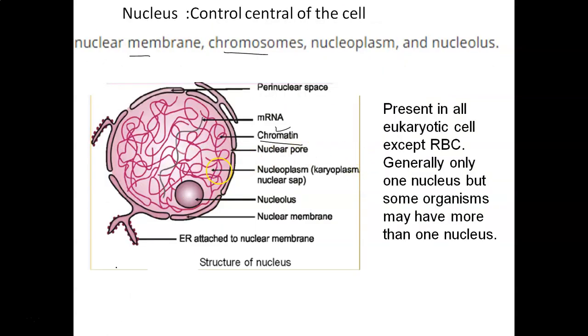The nucleoplasm is also known as karyoplasm. This nucleoplasm contains one important structure which is known as the nucleolus. Besides the nucleolus, it has the chromatin material we have already studied. It has different types of proteins which are responsible for the formation of DNA and the formation of RNA.